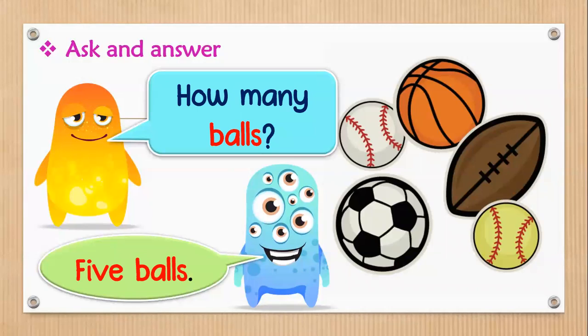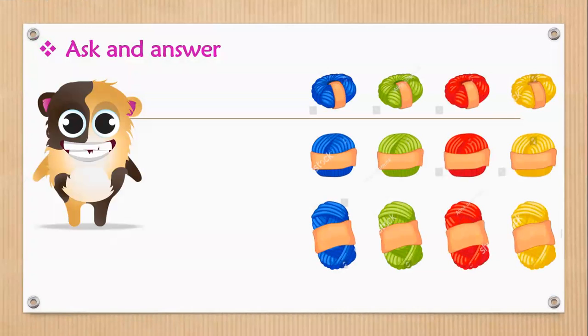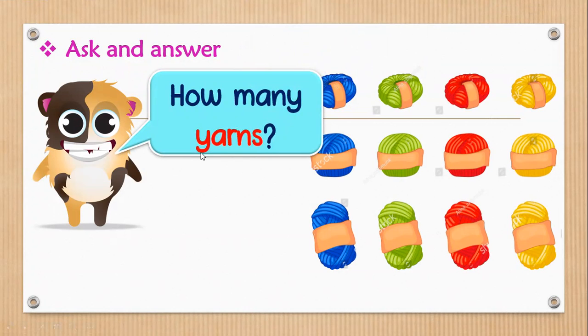Now what else? Look here, in this case, ask and answer. Now the friend is going to ask, how many, what was that? How many, oh yes, how many yarns? I don't know, how many?